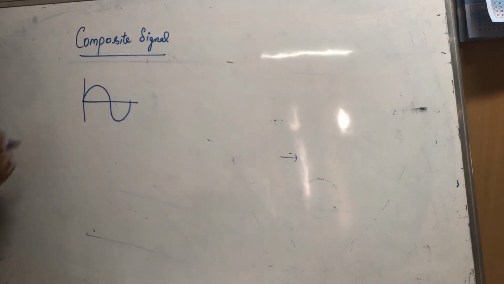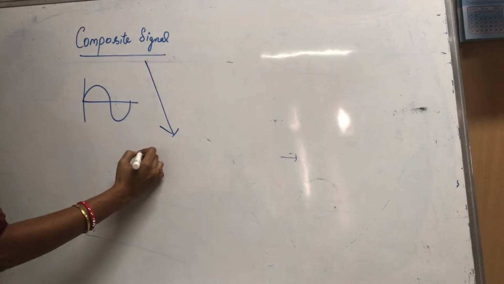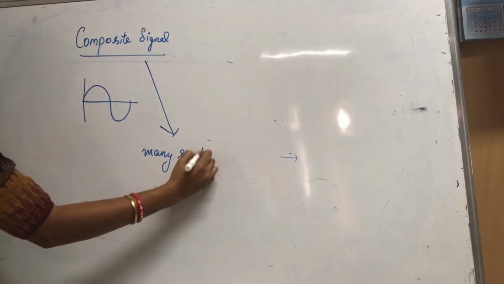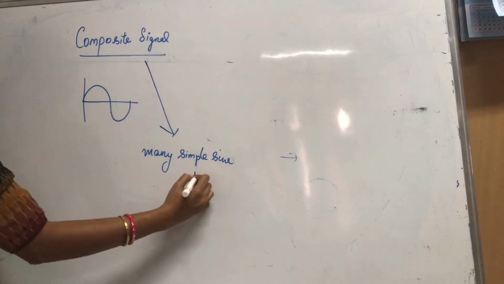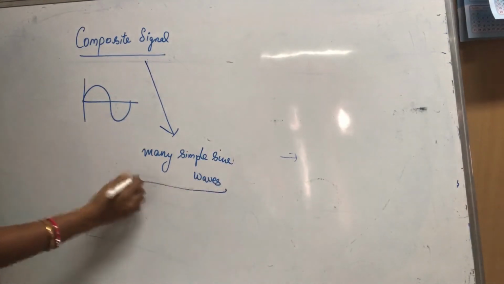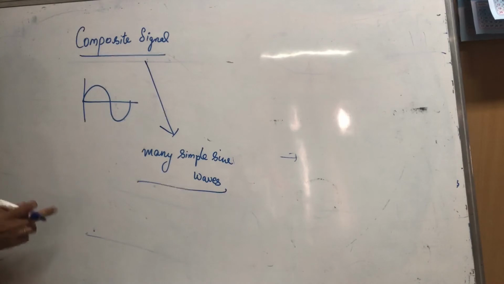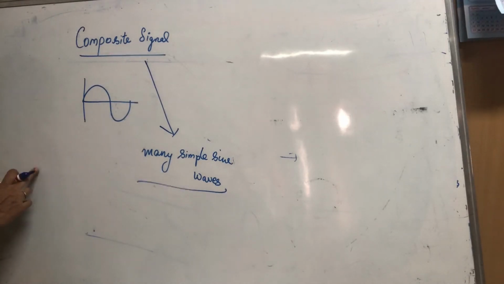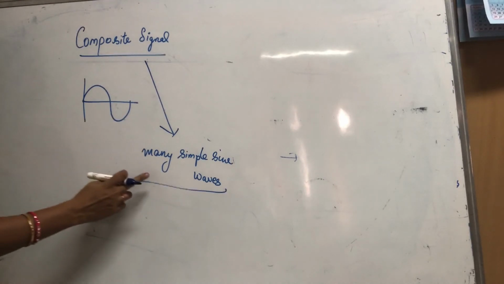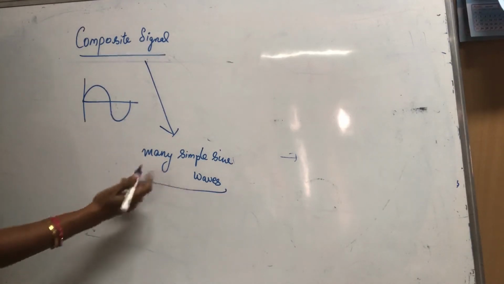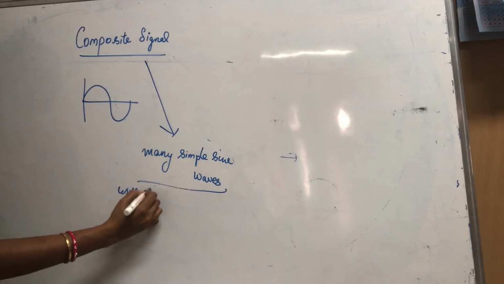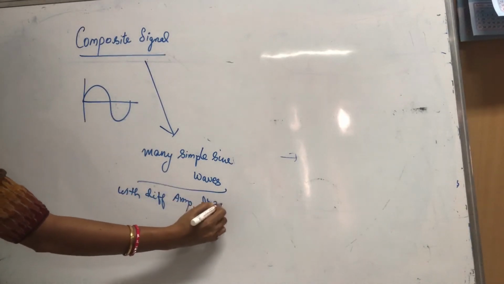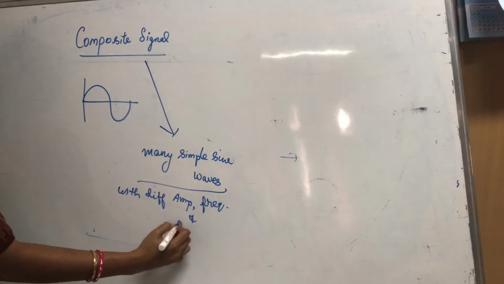A composite signal is nothing but a combination of many simple sine waves. According to Fourier analysis, a composite signal is actually a combination of simple sine waves, each with different amplitude, frequency and phase.